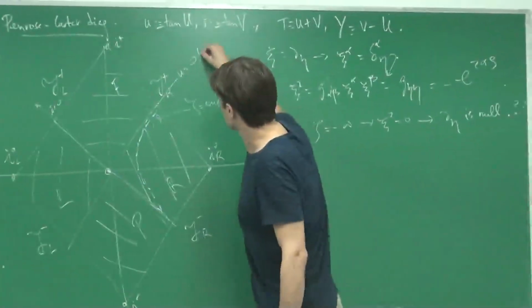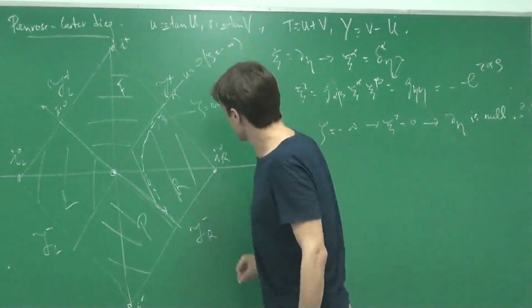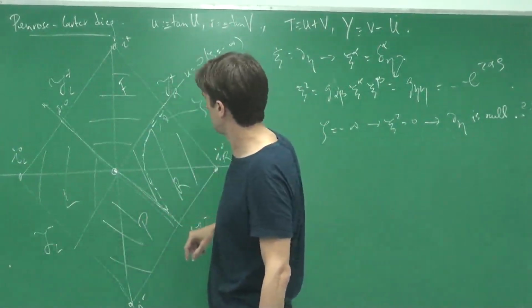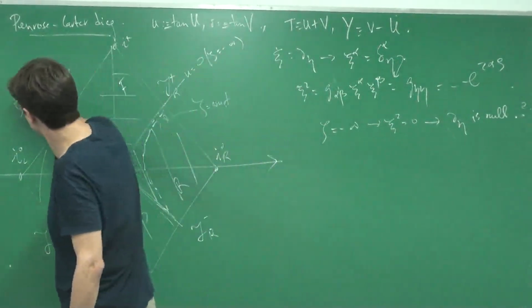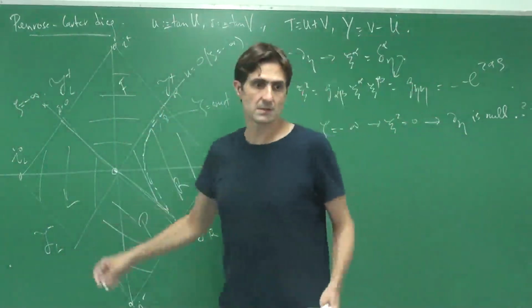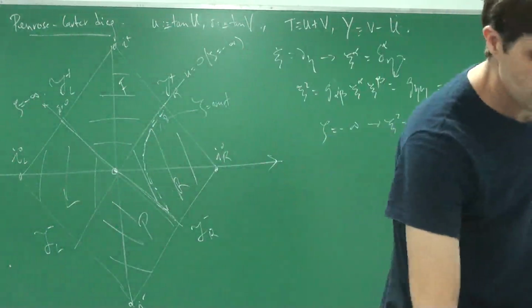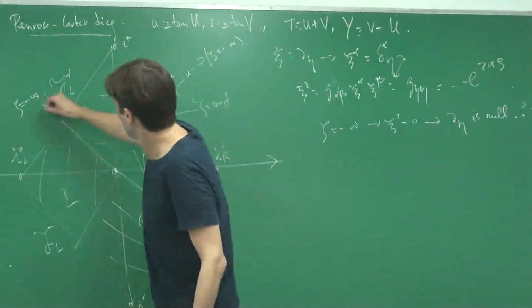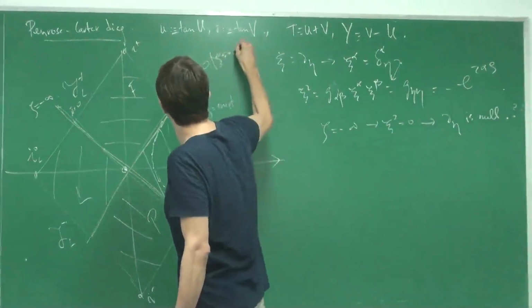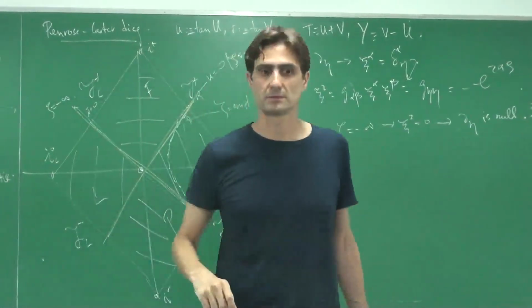So these two lines are zeta equals minus infinity.